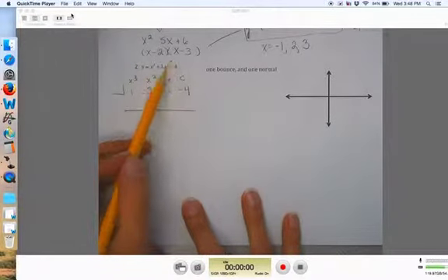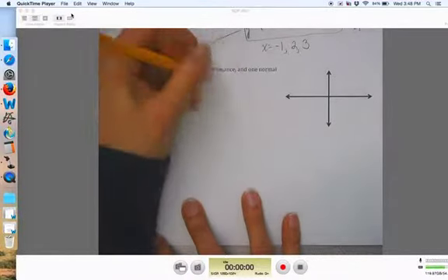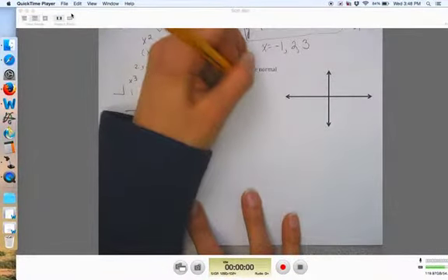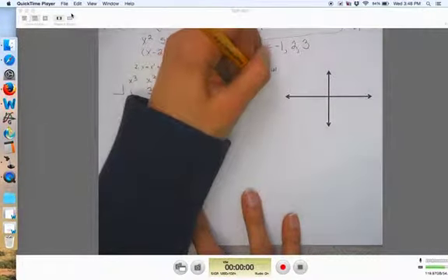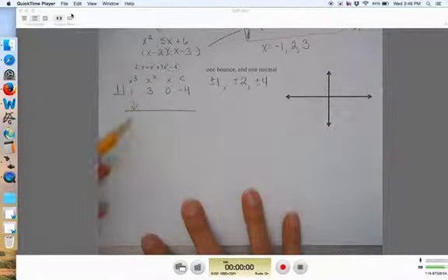Now to figure out what numbers to try here, we're going to look at the factors of -4. So positive and -1, positive and -2, and positive and -4. Always try 1 first. First step is bring the first number down. Multiply. 1 times 1 is 1. And then add. 3 plus 1 is 4.